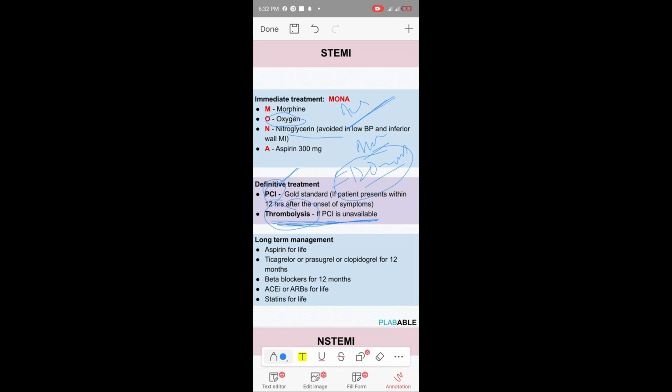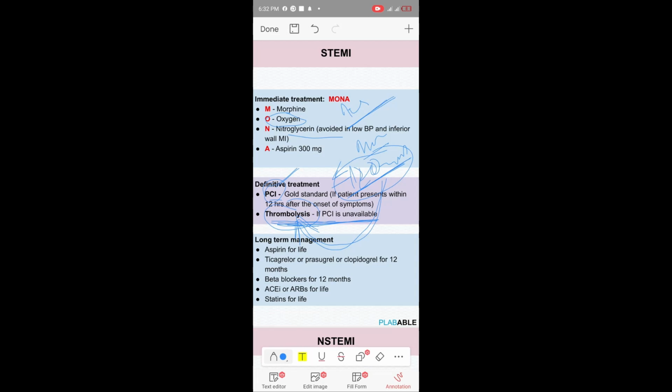PCI is superior to thrombolysis, but the nearest PCI hospital is 3 hours away from my hospital. That is more than 120 minutes, and in these 3 hours he's going to lose his myocardium. So I will go for the thrombolysis. This is the 120-minute concept.